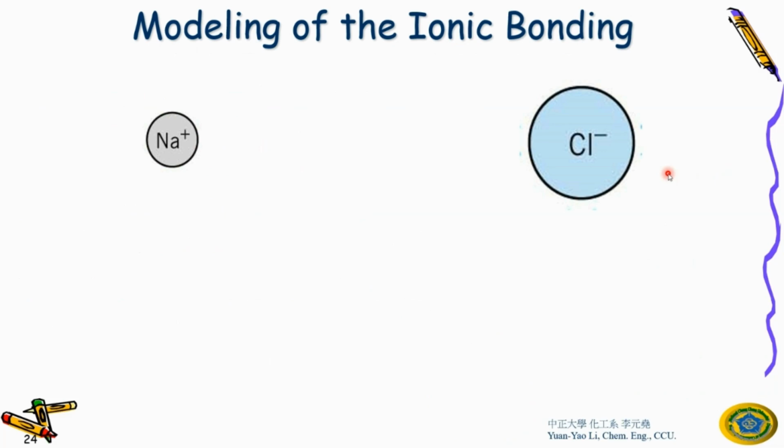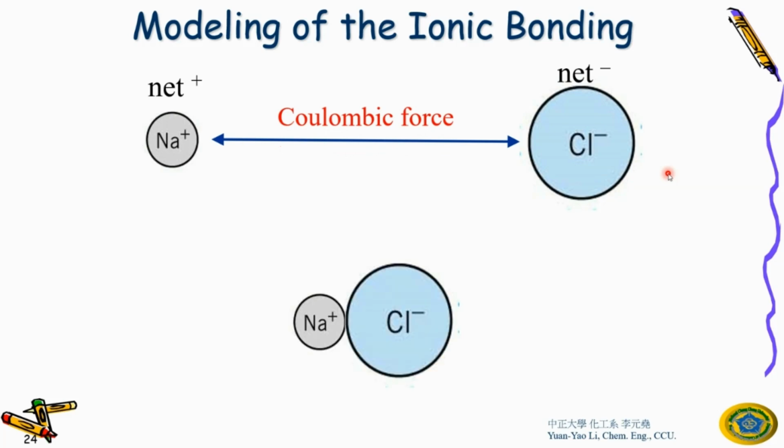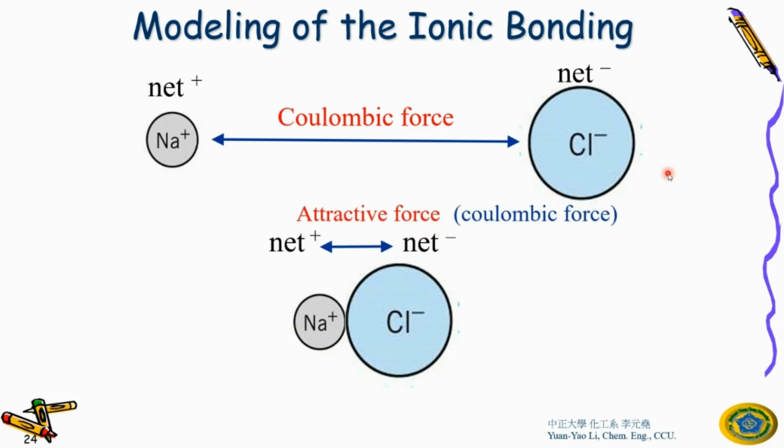Right, so the modeling of ionic bonds is like this: net plus, net minus, and Coulombic force of attraction. However, you might say, wow, Professor, this is negative, positive charge, but they all have electrons inside, right?